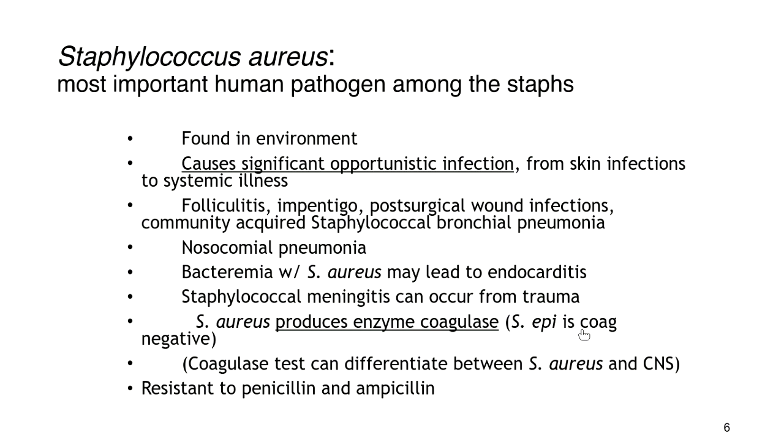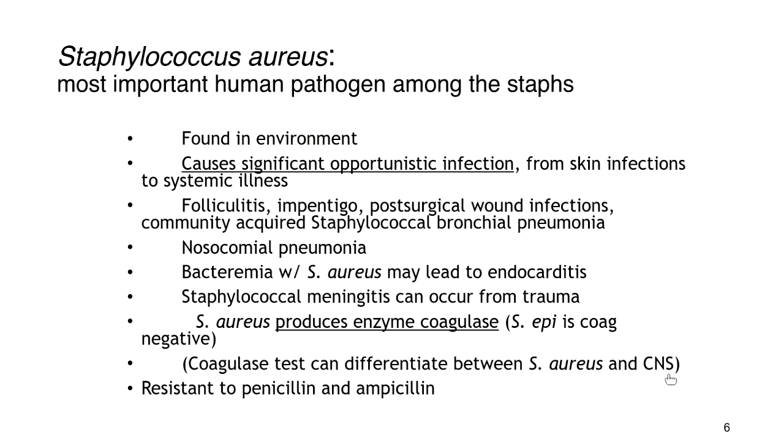If you can do a coagulase test at your office, then you can differentiate between Staph aureus and what we also call coagulase negative staph, CNS. We'll talk about that on the next slide also.